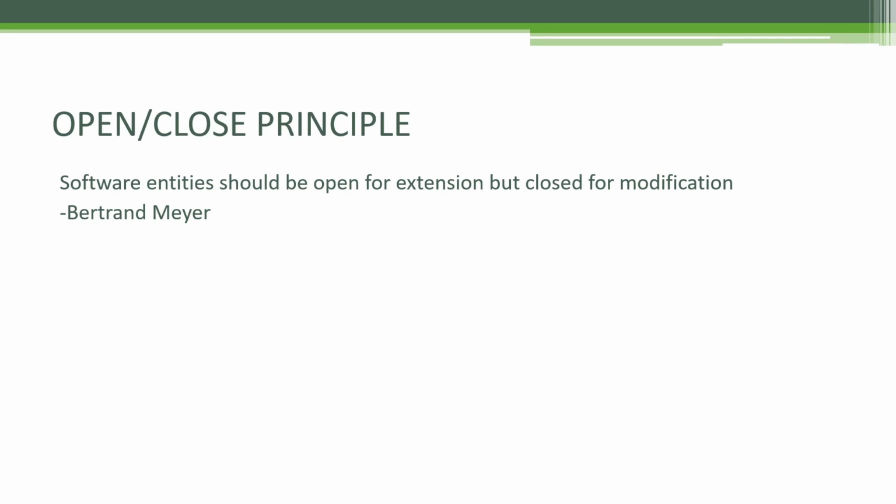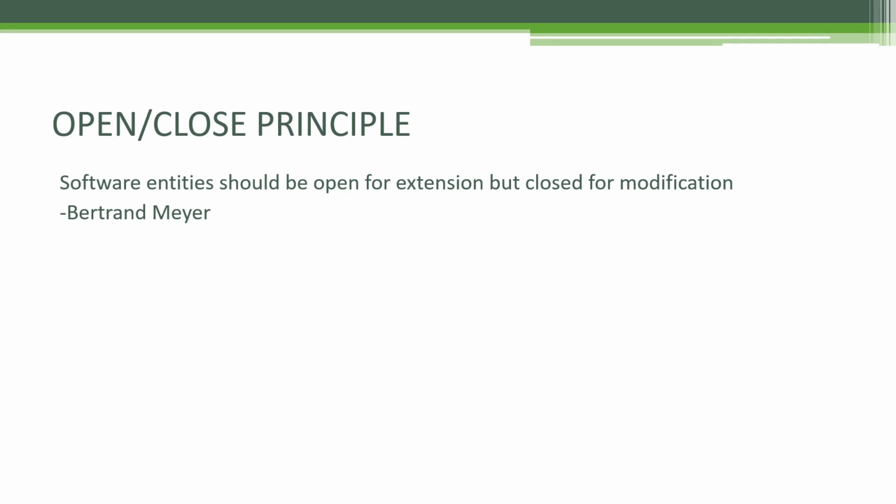According to the open close principle, you shouldn't touch your existing code. You only need to add new features. So how do we do that? I'm going to explain on Visual Studio, but first I'm going to show you the bad example, then we're going to convert it to a good example.